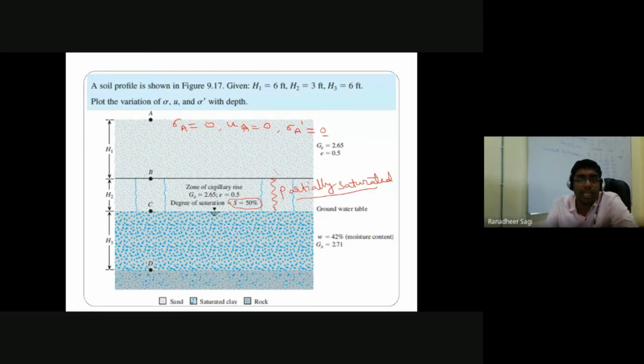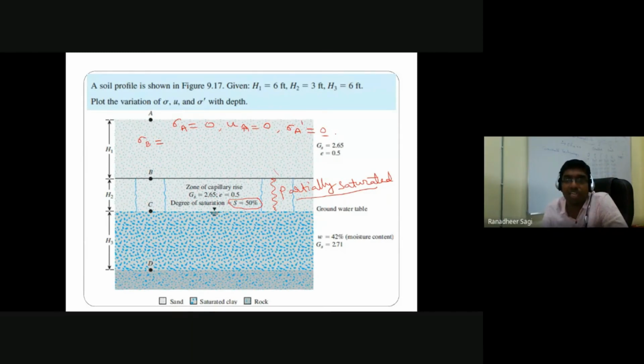Next, let's understand how to calculate your total stress at point B. What is your total stress at point B? Total stress at point B is because of your soil layer 1, which is existing over a height of h1, that's nothing but 6 feet. For the first soil layer, I don't know the unit weight directly.